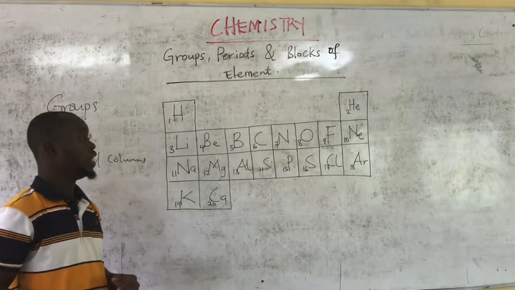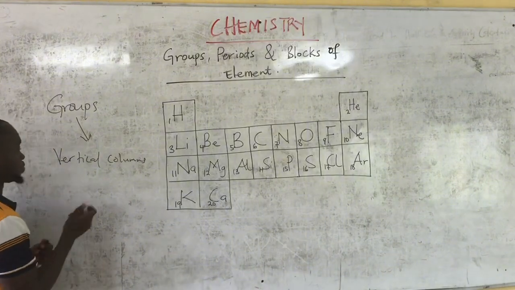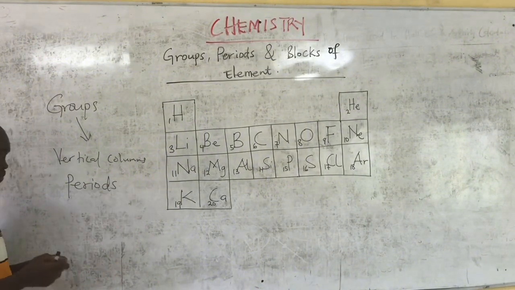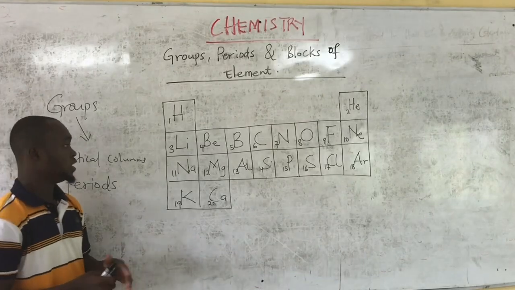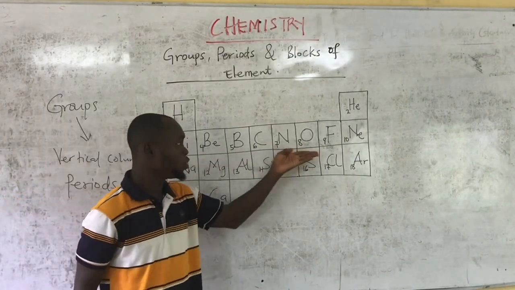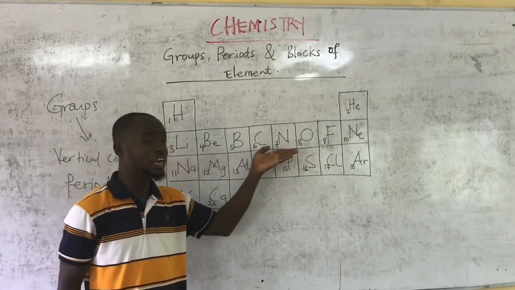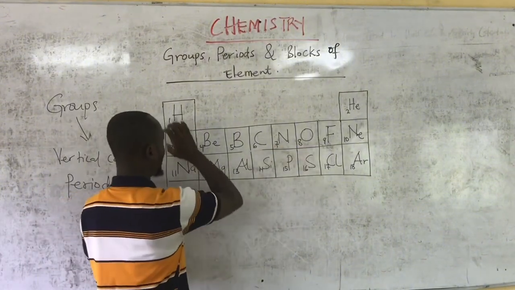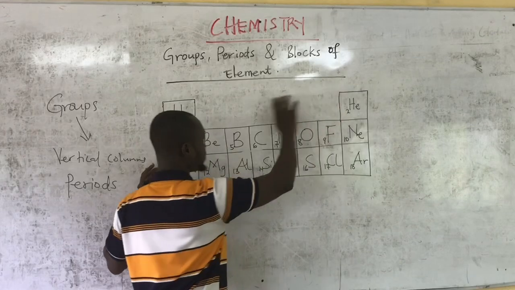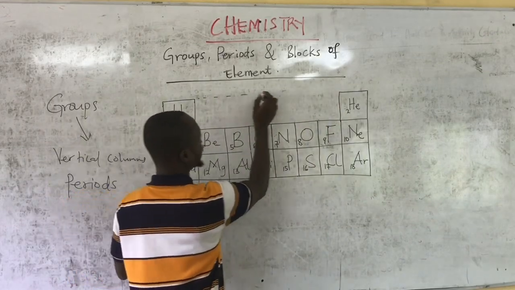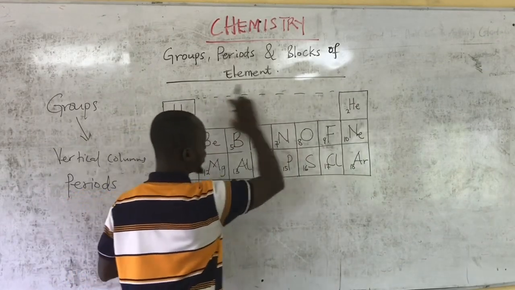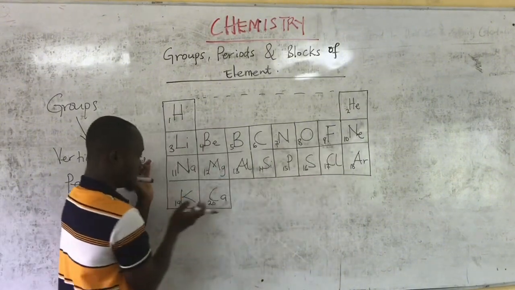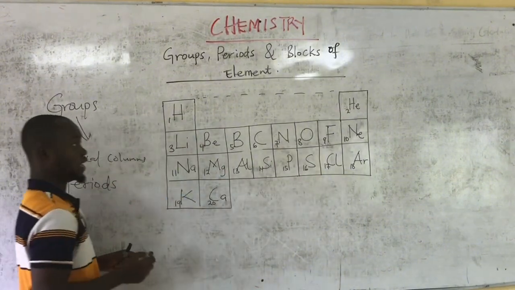Is that okay? And the periods also indicate the horizontal rows, or the horizontal arrangement of elements on a periodic table. So we have one horizontal row here, and I can link these together to form one row, and another row here, another row here, and another row here as well.